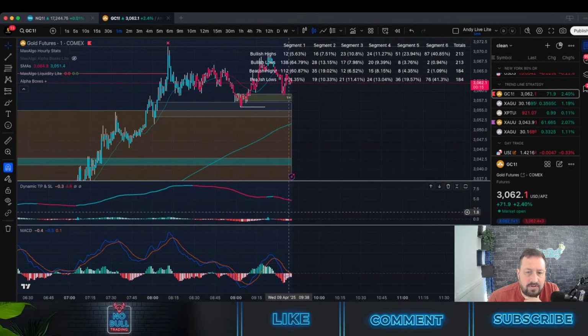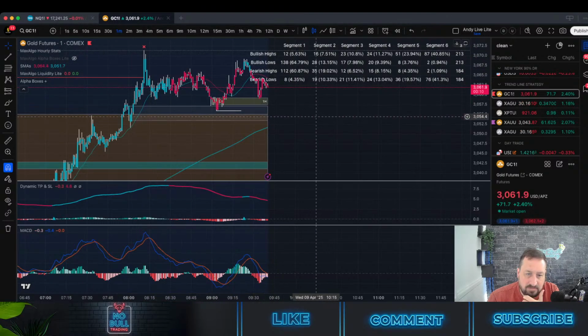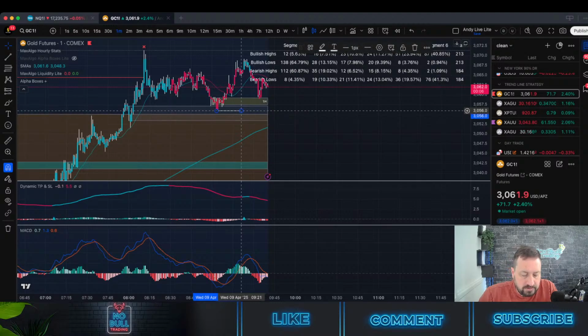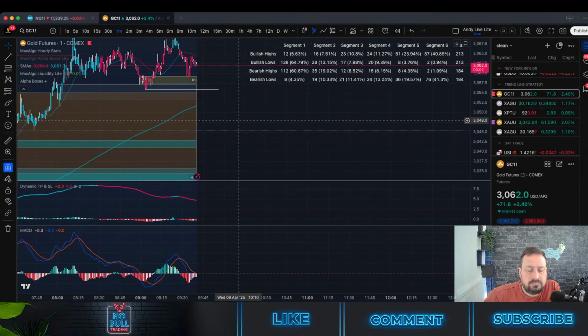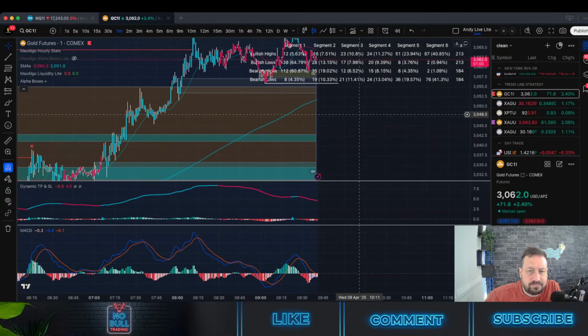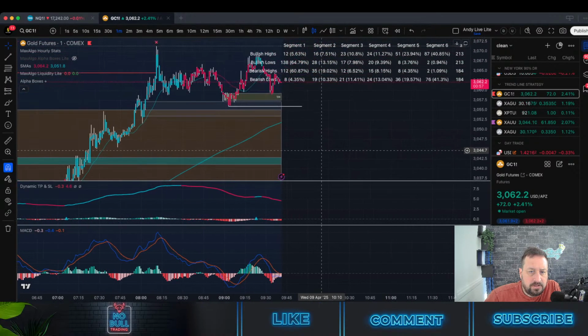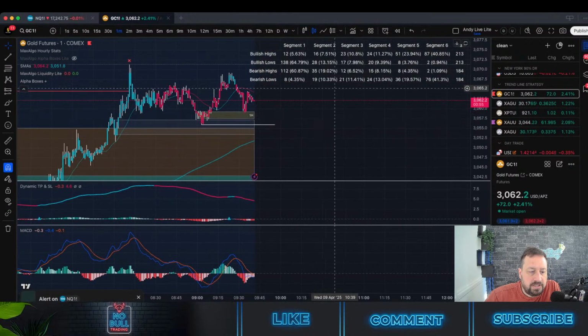Just correcting on a higher time frame. So we're correcting sideways at the moment. So again, this low, really important to see that low go if we're going to go bearish. Otherwise we might just correct along and then eventually carry on and go bullish.